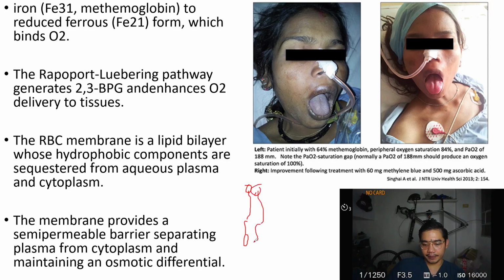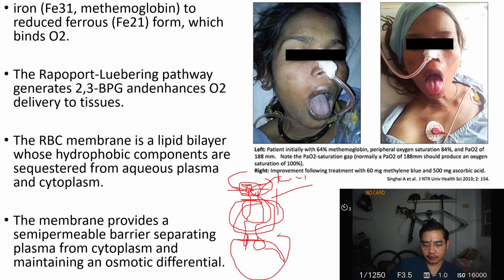So their membrane has what we call a phospholipid head, a hydrophilic head, and a hydrophobic tail. And since the tails are hydrophobic, they will stick together. Your hydrophilic heads will immerse themselves in an aqueous or watery solution like your plasma and your intracytoplasmic fluid.